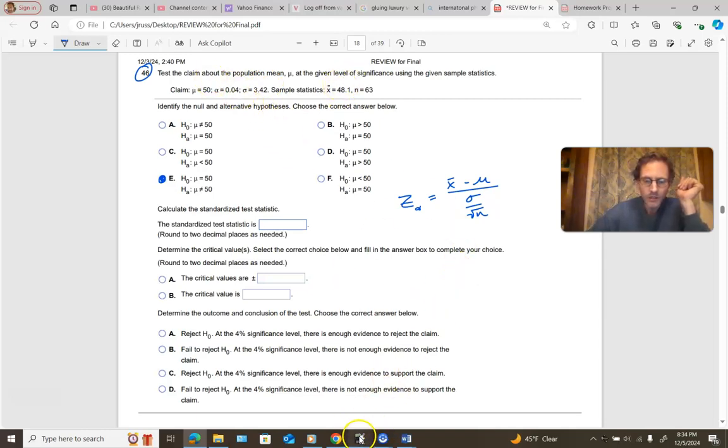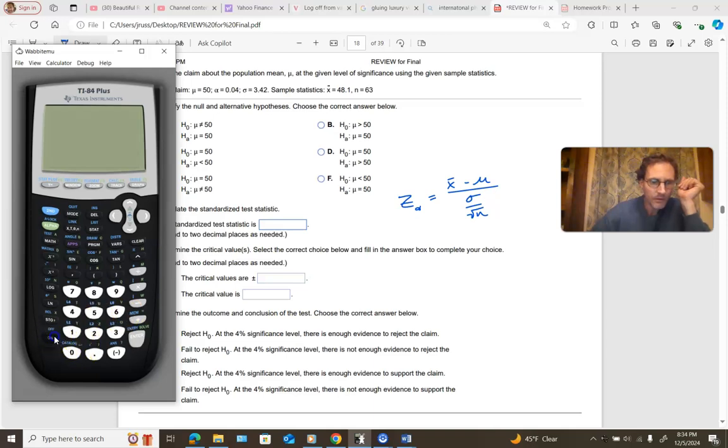So x bar is 48.1 minus, remember, mu is the hypothesized mean because we don't actually know what the mean is. 50. Hit enter, and we'll divide this by the standard deviation, which is 3.42.